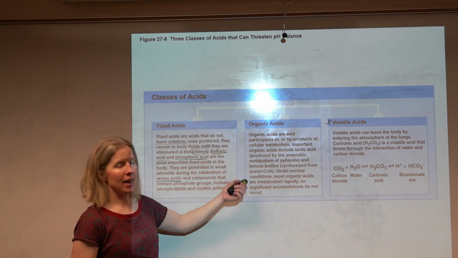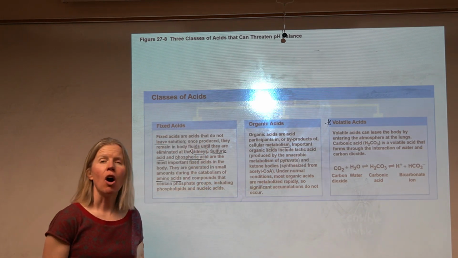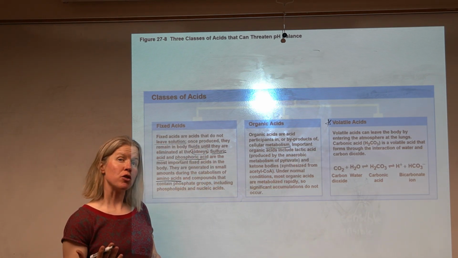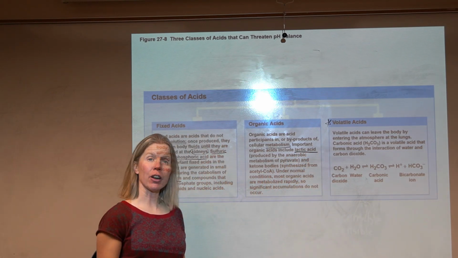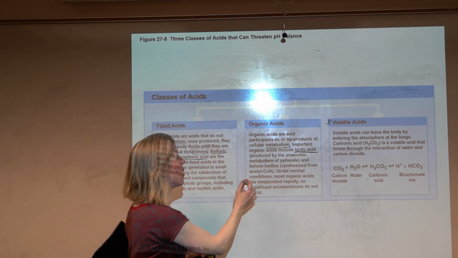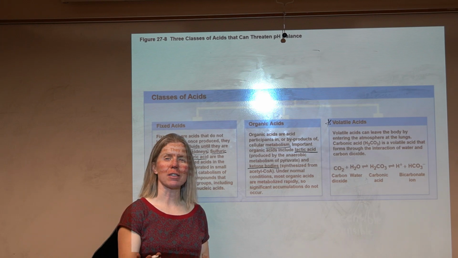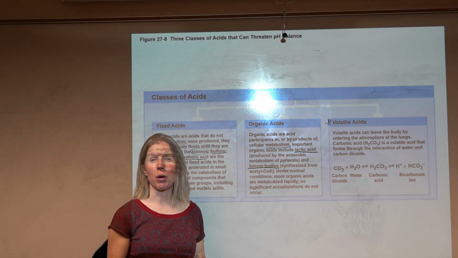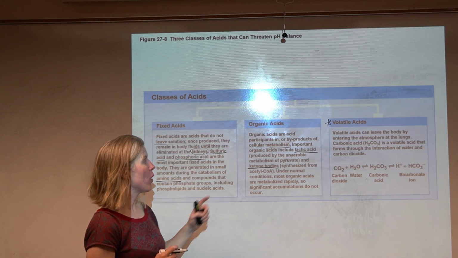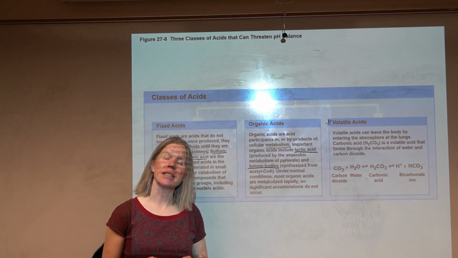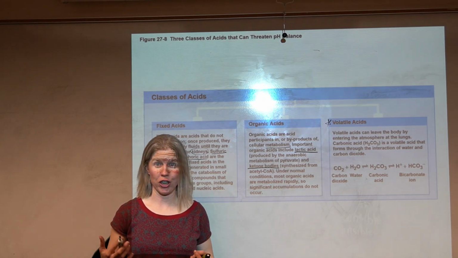These organic acids are going to be the byproducts or part of our metabolism. So these are ones you're super familiar with, things like lactic acid that we saw from anaerobic metabolism, and then ketone bodies. This is part of that diabetic ketoacidosis. The individual is trying to break down fats because their cells aren't utilizing glucose. Now, the thing with both lactic acid and these ketone bodies is they actually still have a lot of energy in them, right?